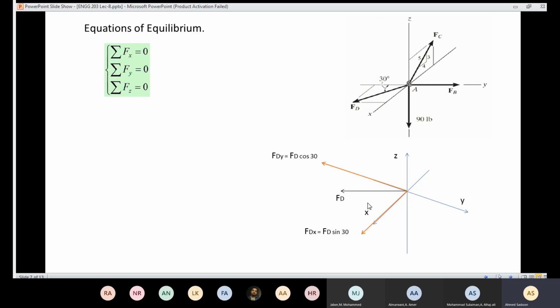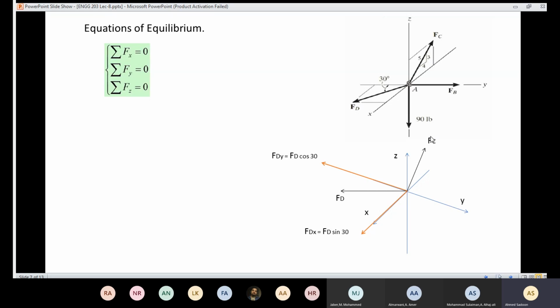The component in Y is going to equal FD times cosine 30. So this one is going to be minus, while this one is going to be positive. Then now I finish from that force. I successfully resolve it into x and y.